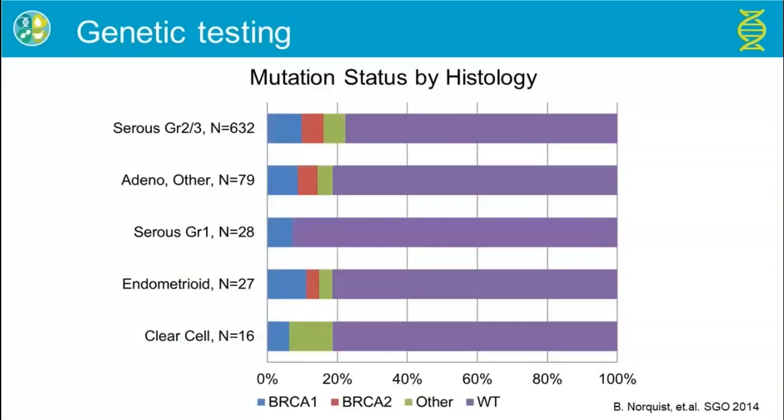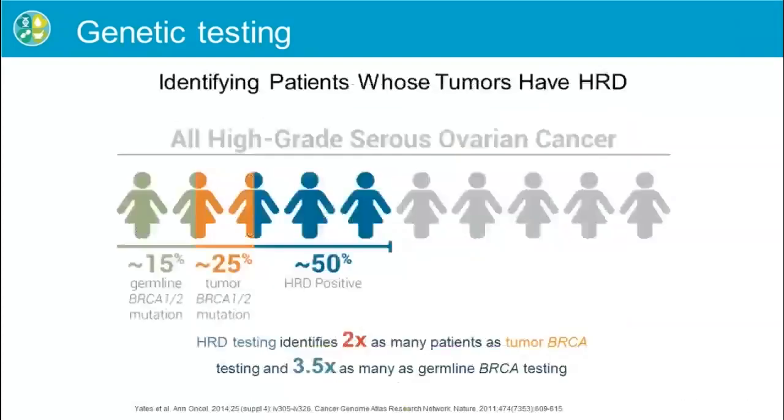The grade 1 serous or low-grade serous might have a much lower risk, but they still can have a mutation. The endometrioids and the clear cells also have mutations. So there's no histology in ovarian cancer that gets out of a concern for there being a gene mutation that could potentially put people at risk.